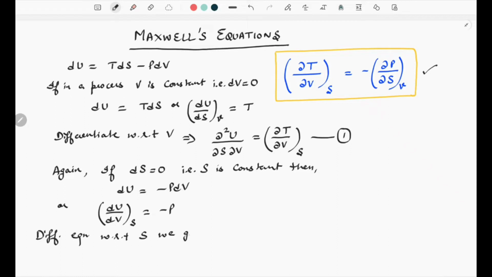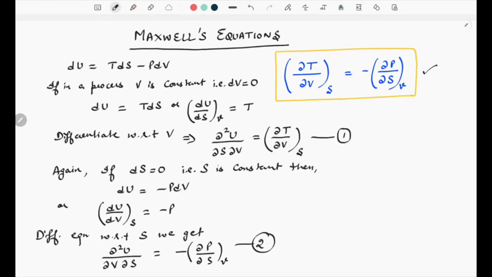We get ∂²U divided by ∂V ∂S, that is equal to minus ∂P by ∂S at constant volume.